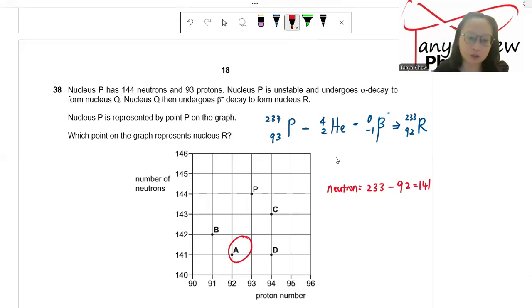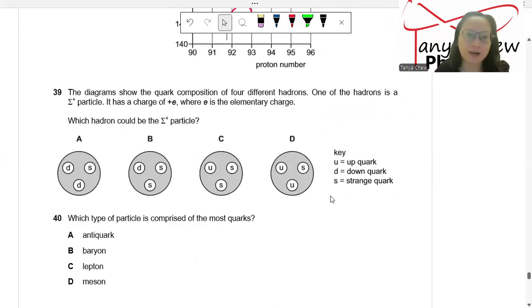A is the answer. Number 39, the diagrams show the quark composition of 4 different hadrons. One of the hadrons is a sigma plus particle. It has a charge of positive e, where e is the elementary charge. Which hadron could be the sigma plus particle?